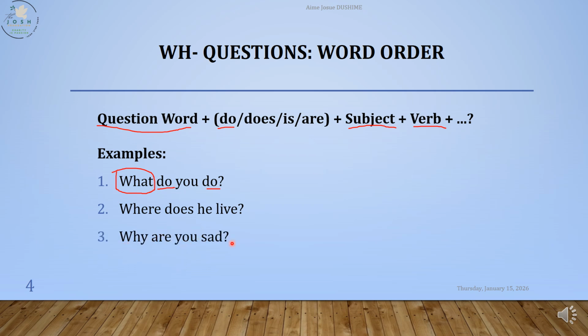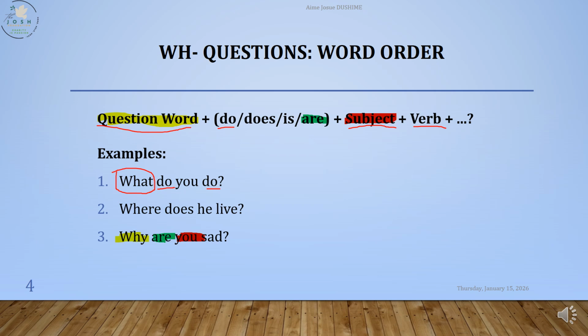Why are you sad? Now look at this. When we say why are you sad, here's where the difference comes from. The why we have here is a question word. And this are that we have here is an auxiliary. Remember the first lesson where we learned the use of the present simple or verb to be. We learned that. Then you is here as a subject.